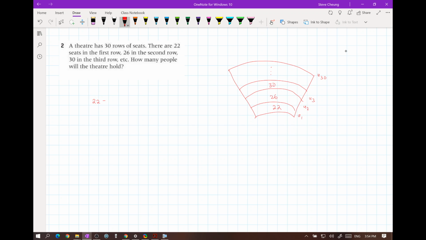So it's as simple as doing 22 plus 26 plus 30 for 30 terms. So I would just use S30 from the arithmetic series formula, n over 2 times 2 u1 plus n minus 1 times d, because it's expanding by 4 more seats per row, and too lazy to fish out the calculator.